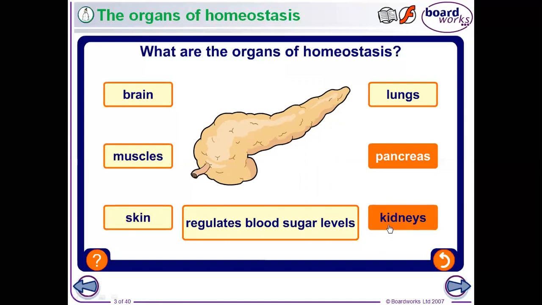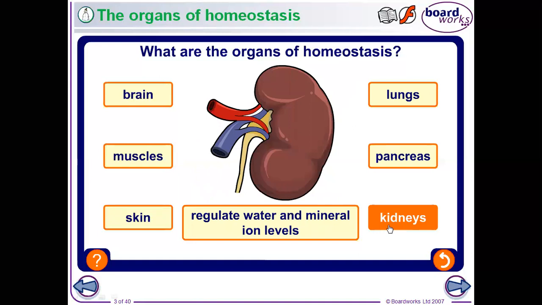Okay, another one we have is kidney. Kidney also plays an important role in osmoregulation. It controls water and mineral ion levels in our body. Let's suppose water level increases in our body, so kidney will form more urine, and in the form of dilute urine, water will be eliminated from your body.